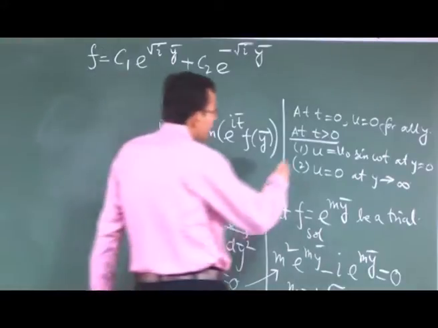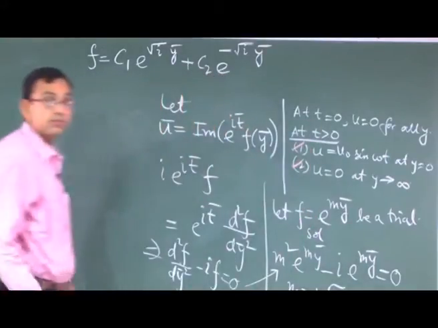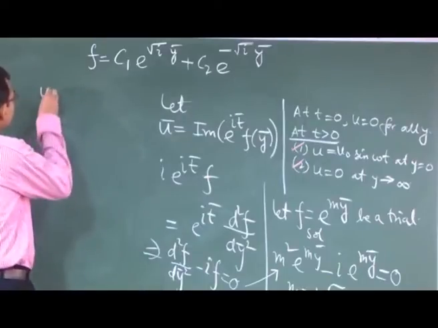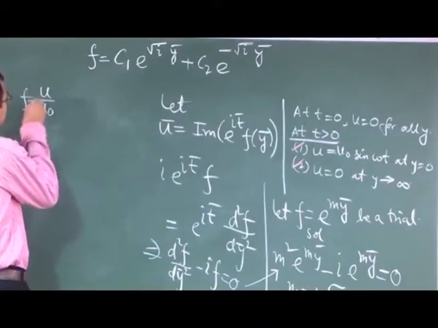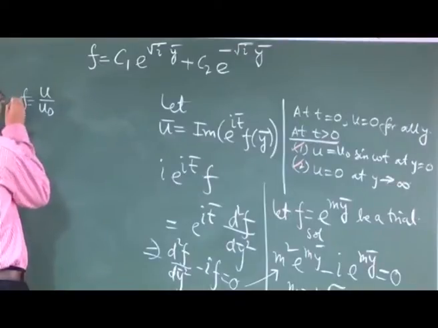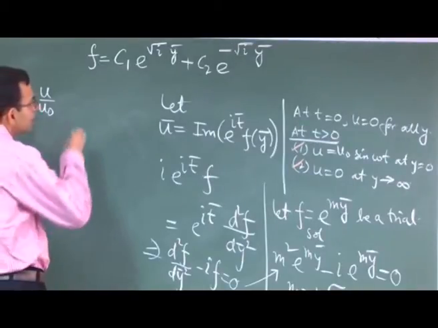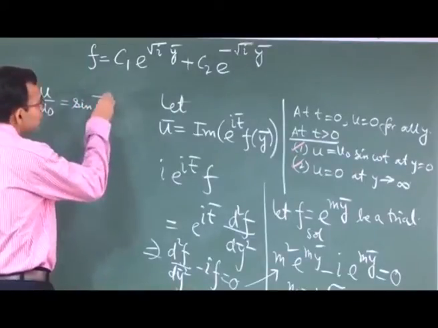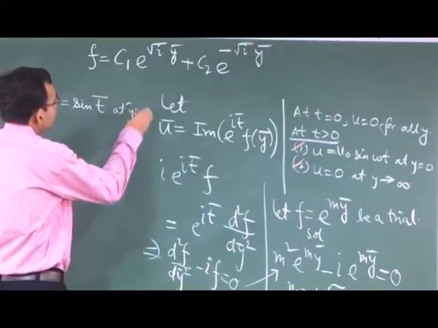Now, how will you get C1 and C2? For that you require to use these two boundary conditions. So, remember f is u by u0. So, you have u by u0, this is the first boundary condition, is equal to sin t at y equal to 0.